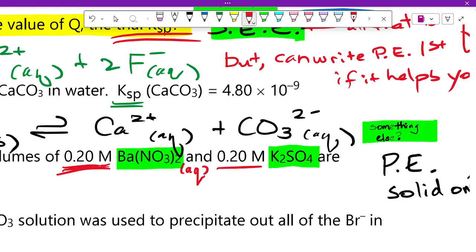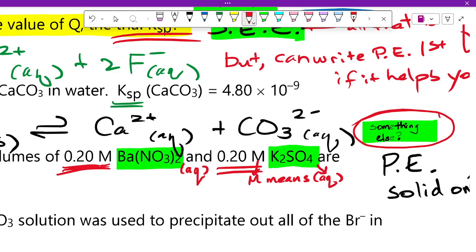Anytime you see a concentration given for something, that means molar means aqueous. So is the K2SO4 solid? No, because it is aqueous. We've got molar K2SO4, so the K2SO4 is aqueous. That means that our solid must be something else.